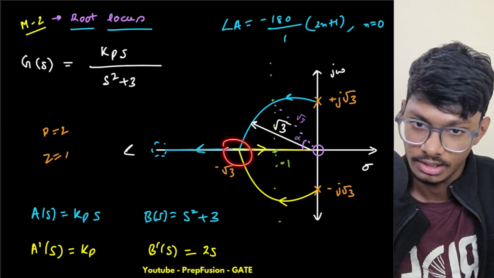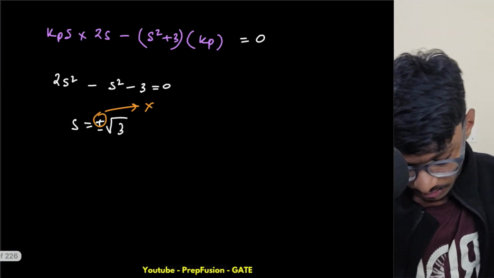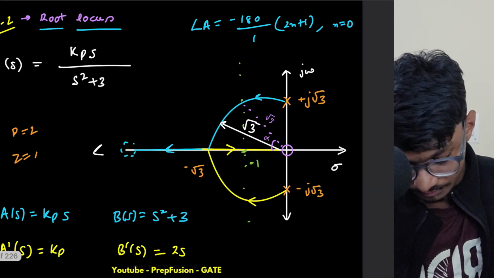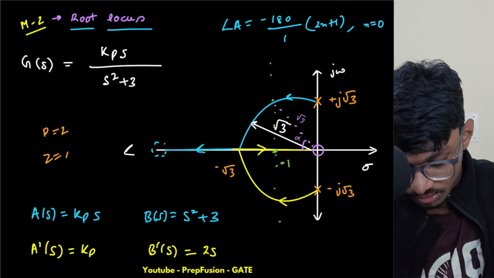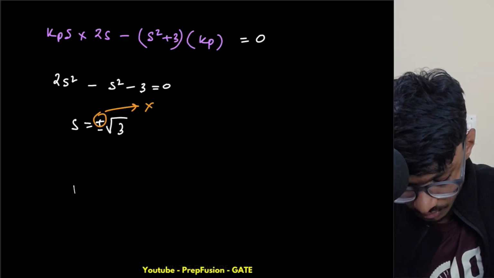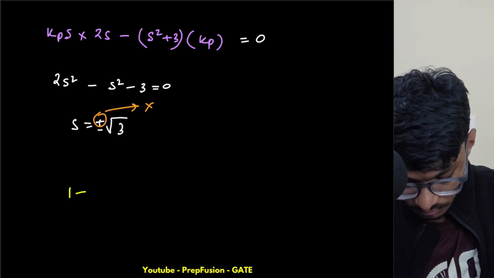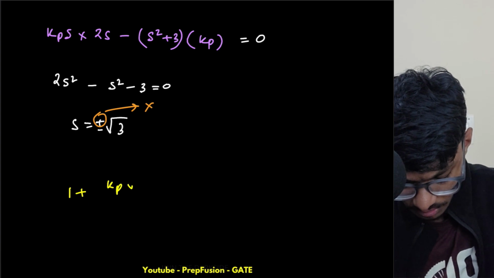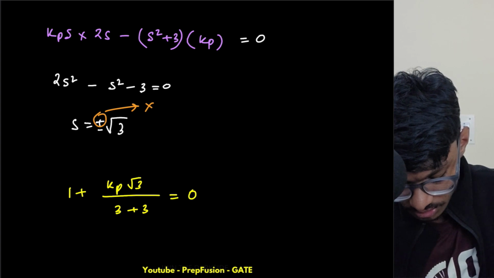So what was the value of k up here? Let me check for s equals √3, the value of k. I just put s equals √3 in this equation and I will find the value of k. Not in this equation, sorry, in this equation: 1 plus kp √3/3 plus 3 equals 0.